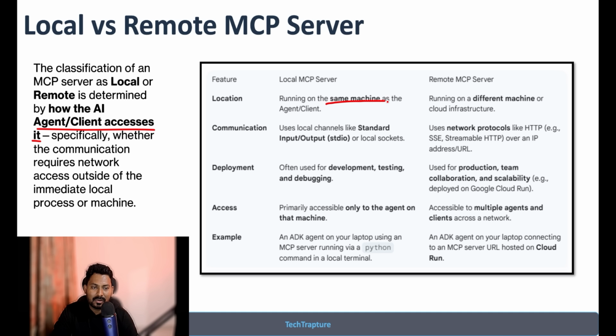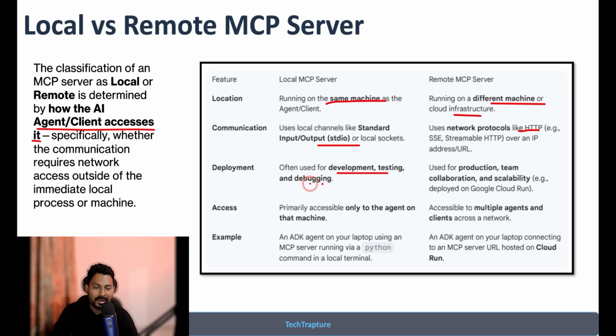A local server uses a standard communication channel like standard input output, and a remote MCP server uses HTTP. For deployment, local is mainly used for testing and debugging, or you can wrap it with ADK and then deploy.